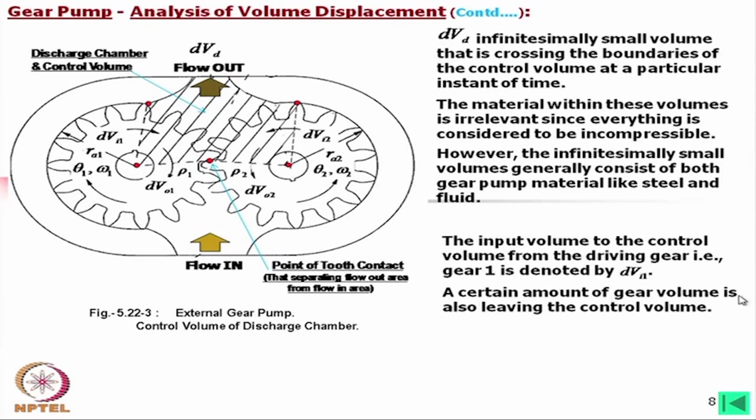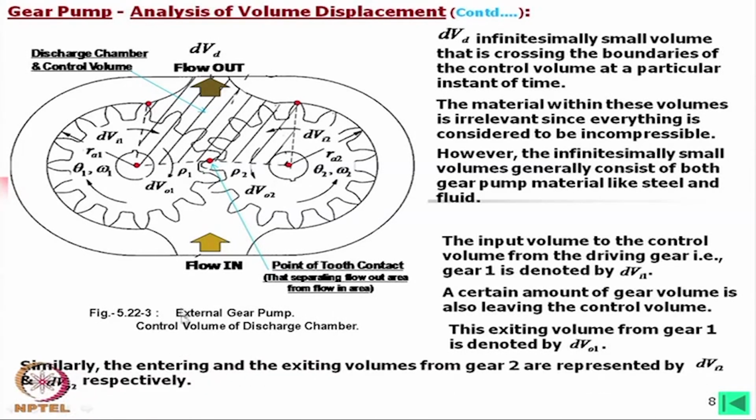A certain amount of gear volume is also leaving the control volume. This exiting volume from gear 1 is denoted by dVo1, whatever volume is going out. Similarly, the entering and exiting volumes from gear 2 are represented by dVi2 and dVo2.